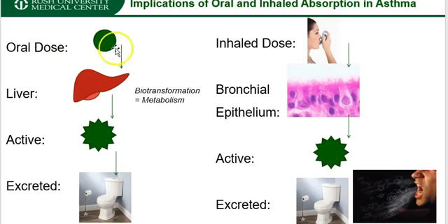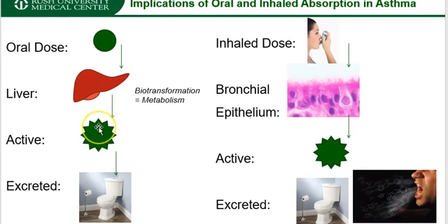And so here's your oral dose, which is a green tablet. It gets biotransformed or metabolized through the liver. So here you're thinking of that LADME process, of course. And then it becomes activated. And here you see systemic absorption and distribution throughout the body.